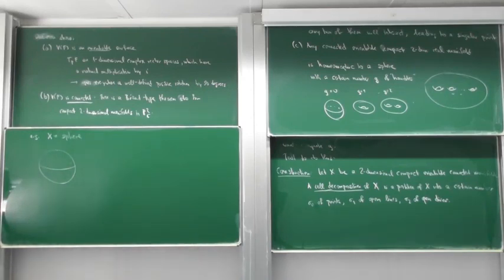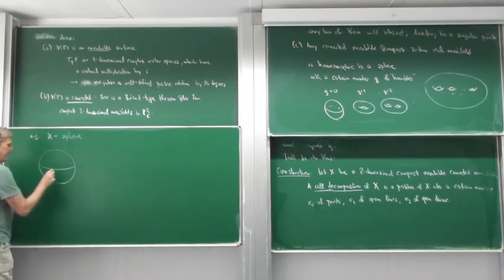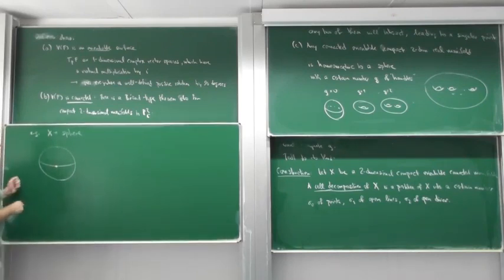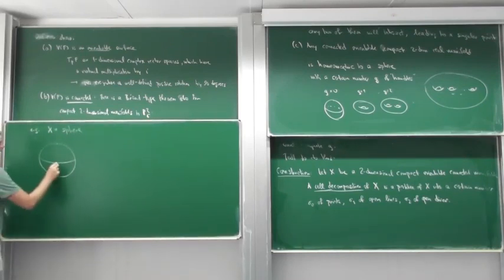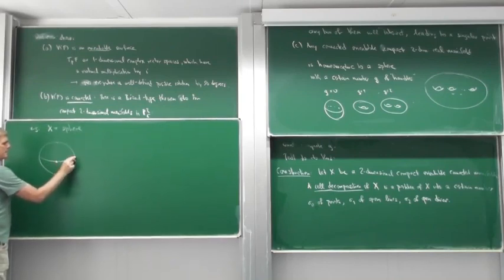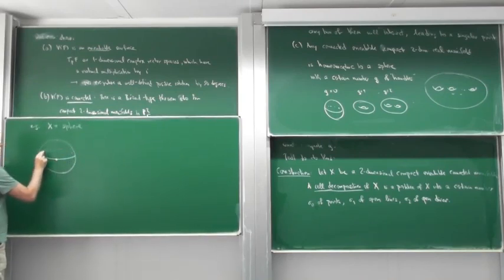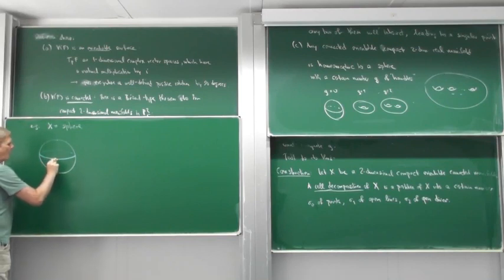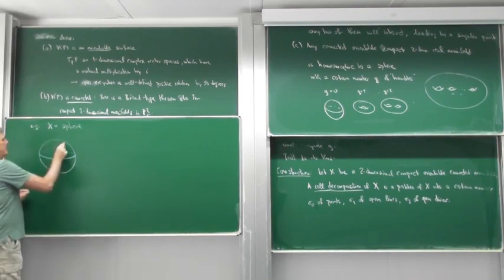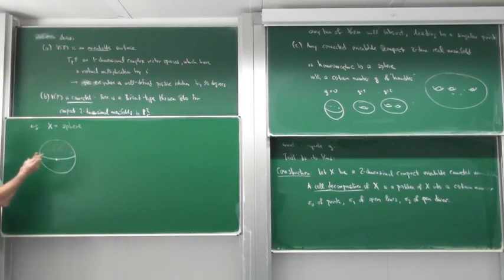what you could do is, let me take a couple of colors. So I could take here a point, and then I take this blue thing here, like the equator of the sphere. That would be an open interval as a space. And then this up here, like the upper half sphere, is a disk topologically, and the lower half sphere is a disk topologically.